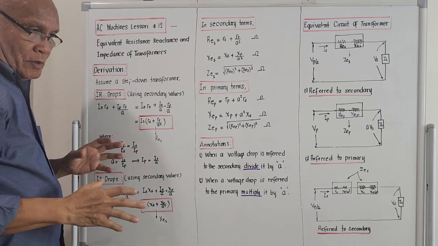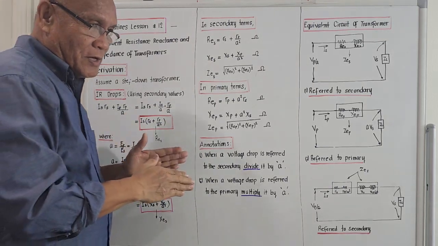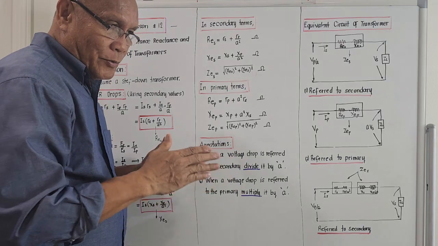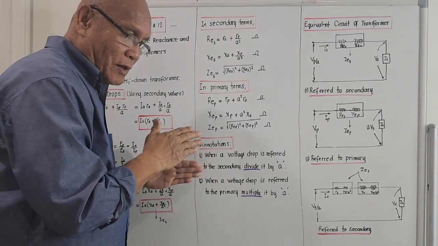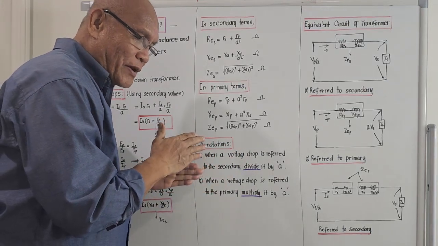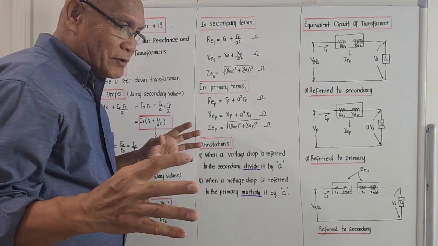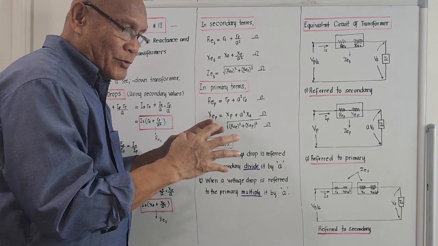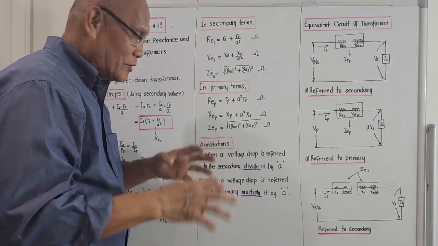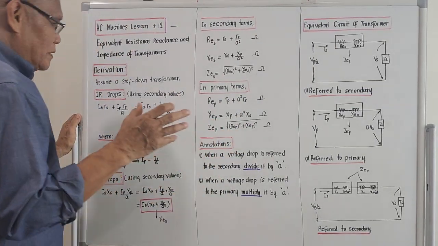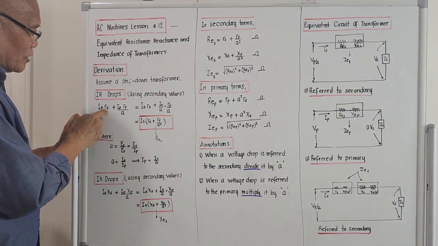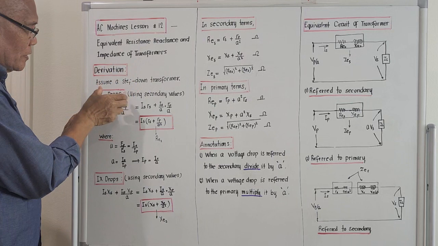Meaning, we got the resistance and the reactance for both the primary and secondary, and we'll try to compress it into just a single value so we could simplify the calculation. In the simplification of the calculation, we'll start with the derivation.